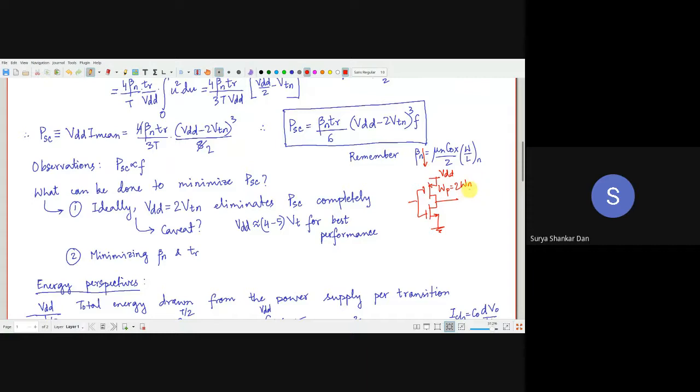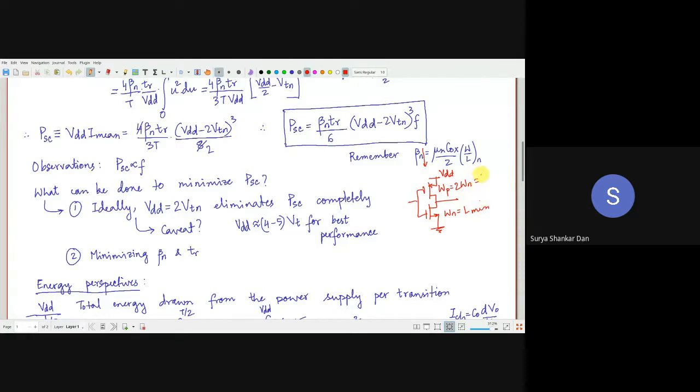Now, we did not say whether WN is going to 100 millimeter and this is 200 millimeter. This inverter is still going to work, but this is so damn foolish. Okay. So what we are suggesting is that instead of this 200 and all, you should just keep it for the minimum channel length.